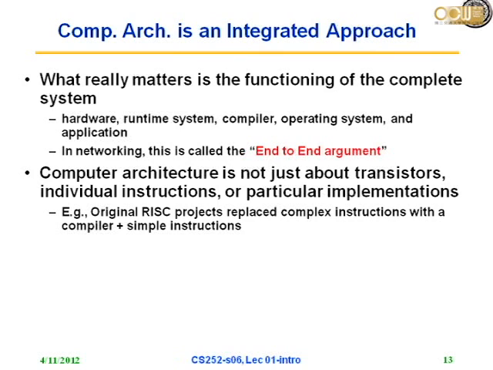For example, the original RISC projects replaced complex instructions with a compiler plus simple instructions. Long time back, the compiler's task was easy because CISC instructions looked somewhat like high-level language statements.